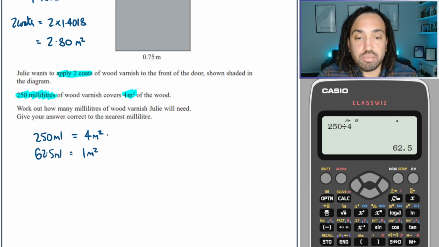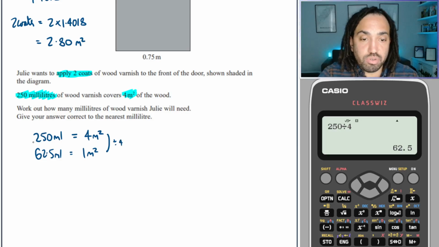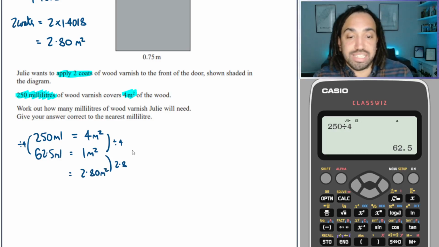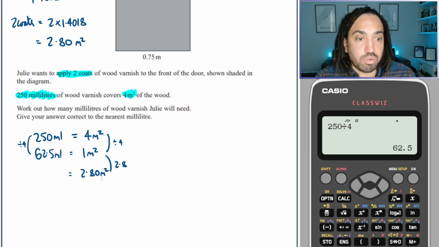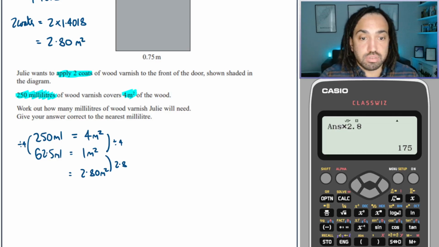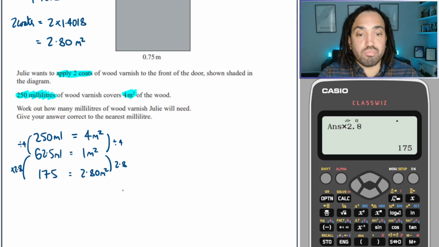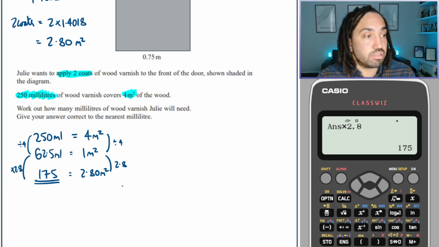So we just divided by 4 here, using the unitary method, and then let's times it by 2.8 to get exactly what we want, which is 2.8 meters squared. So times it on the other side by 2.8 as well. Okay, and we get 175. So that is our final answer.